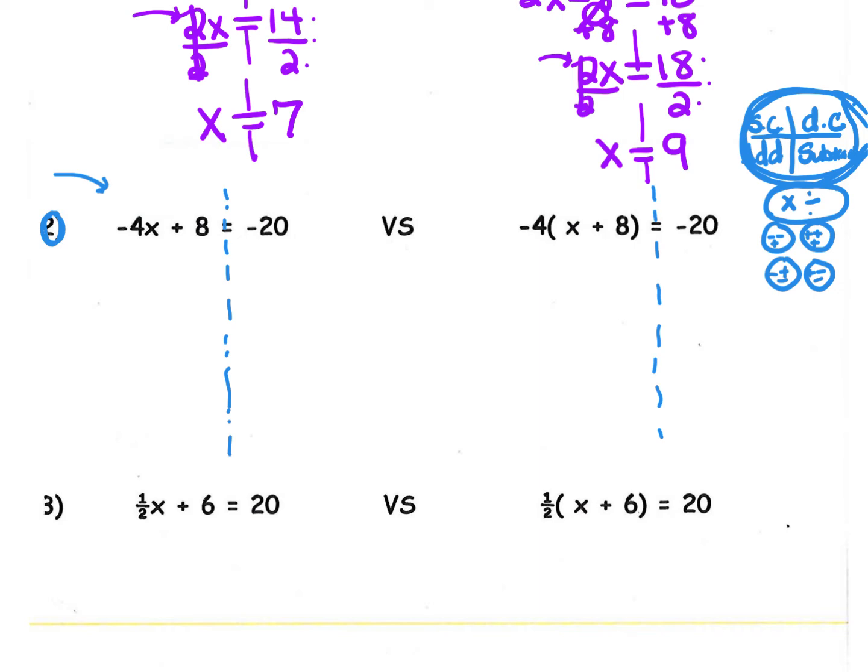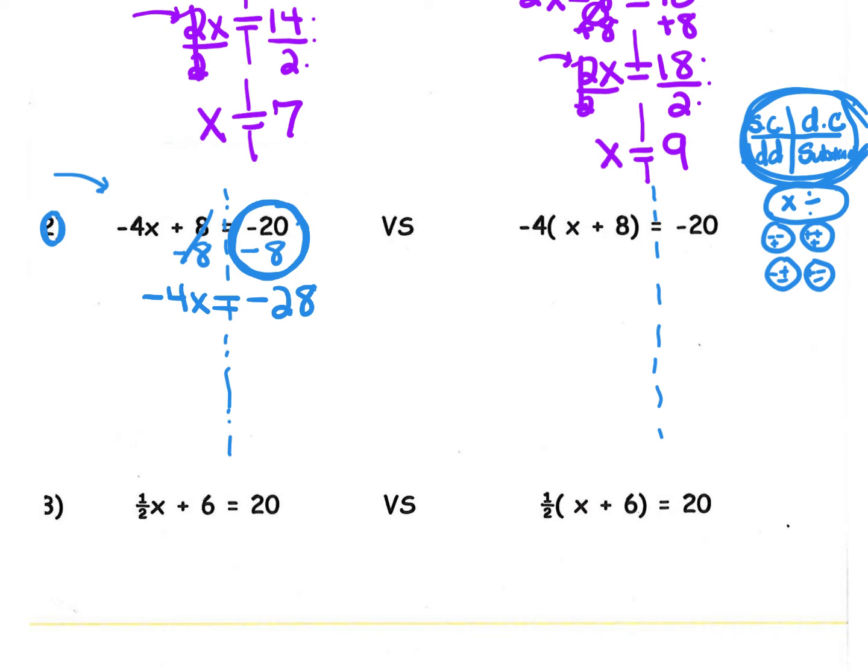Let's eliminate positive 8 by placing a negative 8 here and a negative 8 here. Circle your pot of chips. Let's bring down negative 4x equal to. Now let's combine our negative 20 and our negative 8. A loss of negative 20 combined with a loss of 8 is negative 28.